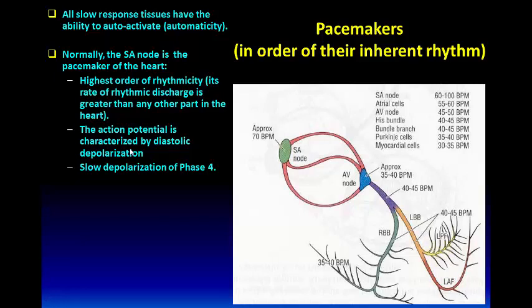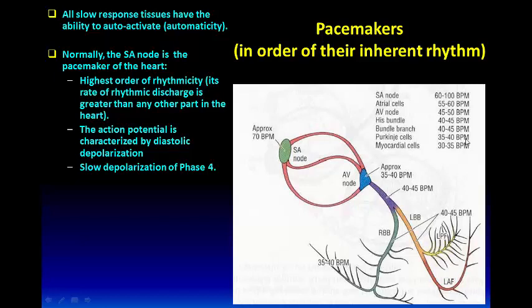Can other parts of the heart act as pacemakers? The answer is yes. All slow response tissues have the ability to auto-activate, to produce action potentials spontaneously. They have autorhythmicity. However, normally the sinoatrial node is the pacemaker. The rhythmical rate of the sinoatrial node is from 60 to 100 beats per minute, AV node 45 to 50, His bundle 40 to 45, bundle branches 40 to 45 beats per minute, Purkinje cells 35 to 40 beats per minute.